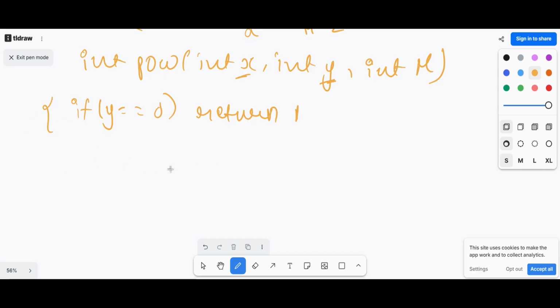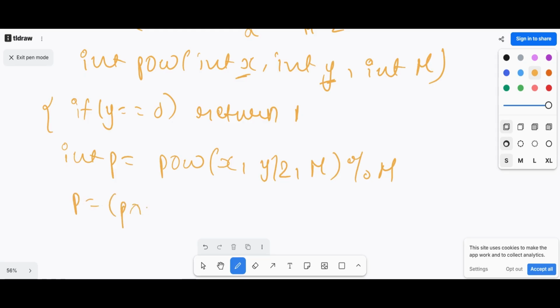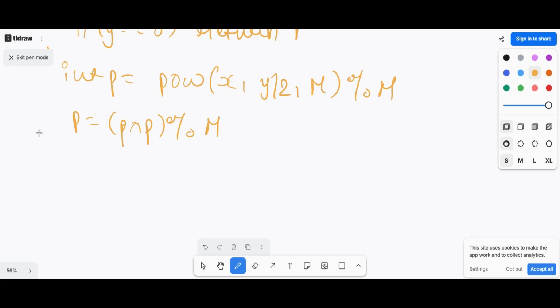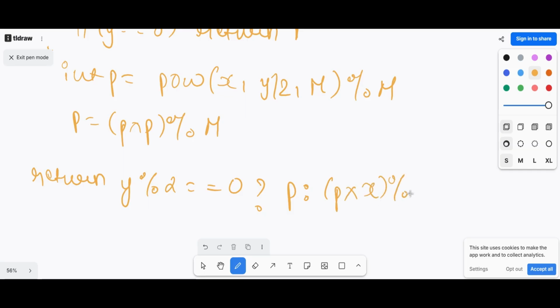If y is 0, we'll return 1. We'll have one p, which is nothing but power of x comma y by 2 with m, whole modulo m, and I'll make this p as p into p. Now while returning, if y mod 2 is equal to 0, that means it is even, I will return p, else I will return p into x modulo m.